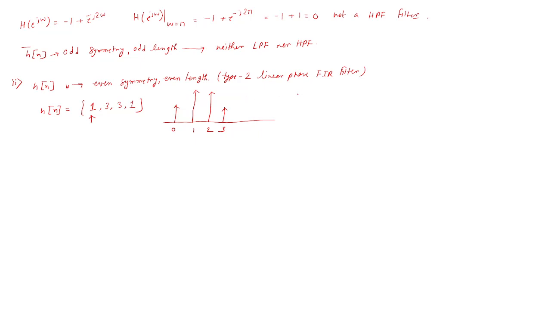So for this, let us write down the spectrum again. Here n ranges from 0 to 3, h[n] e to the power minus jωn. The h[0] value is 1, that is the component. The h[1] value is 3, corresponds to frequency ω.